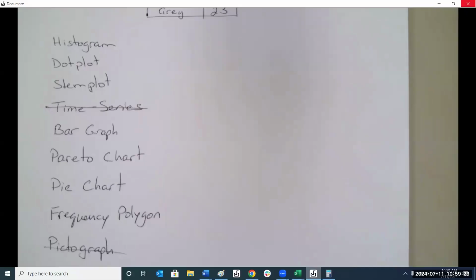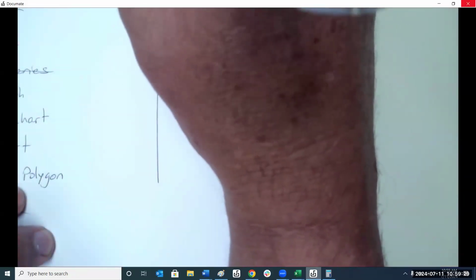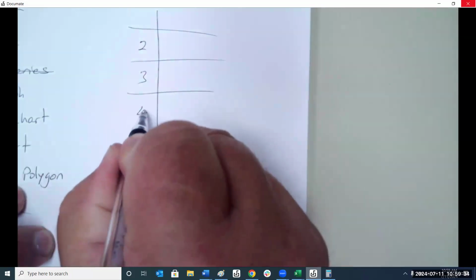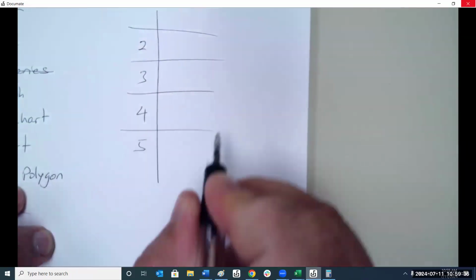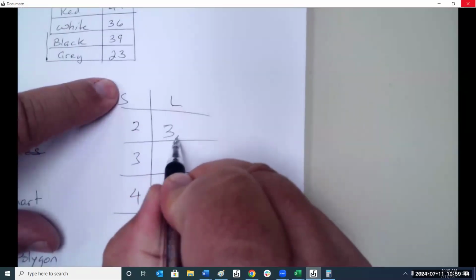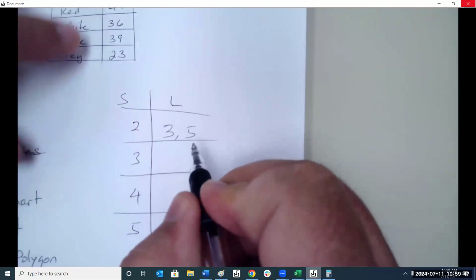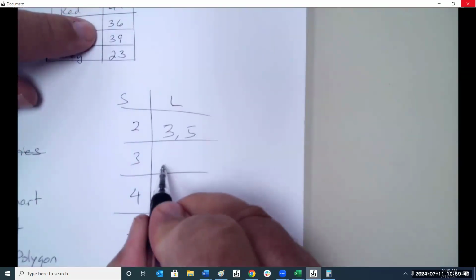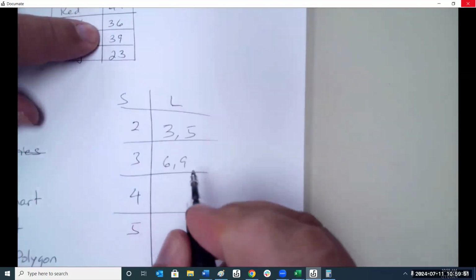I'll show you why. Because the stem and leaf would look like this. Our outcomes are 20s and 30s, so it's 2, 3, 4, and 5. This is the stem, this is the leaf. With a 20, we have a 5, a 3, and a 5. For the 30s, we have a 6 and a 9.